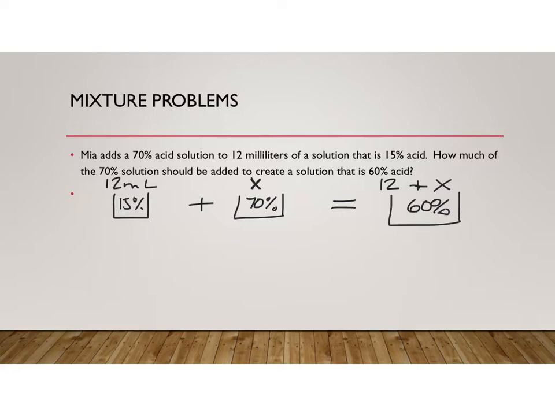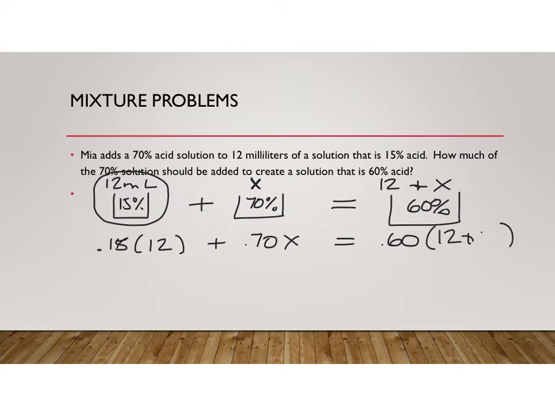All right, so now, converting this to an equation, we have a 15%, 12 milliliter solution. So talking about how much acid we really have, we have 15% of 12, plus 70% of, we don't know, or X. Here we have 60%, again changing that percent to a decimal, of a 12 plus X solution.